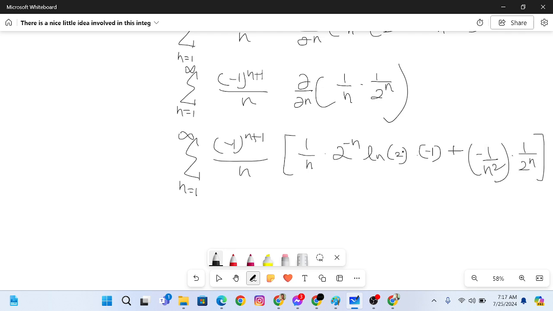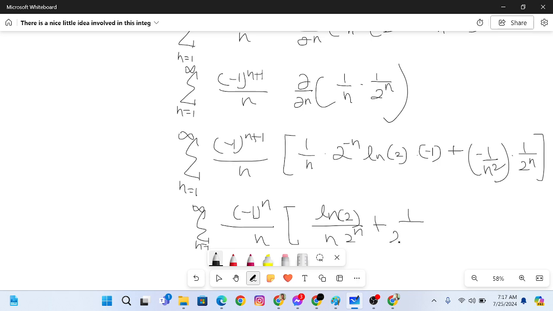We can take the minus 1 common and multiply it over here, and that gives us the sum from n equals 1 to infinity of (-1)^n / n times [ln 2 / (n 2^n) plus 1 / (2^n n²)].